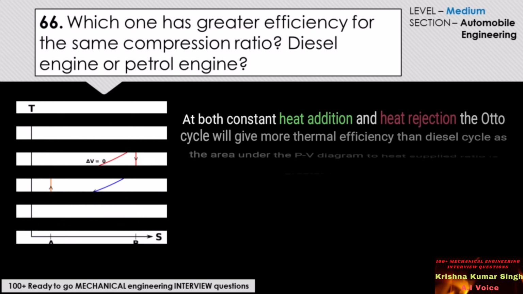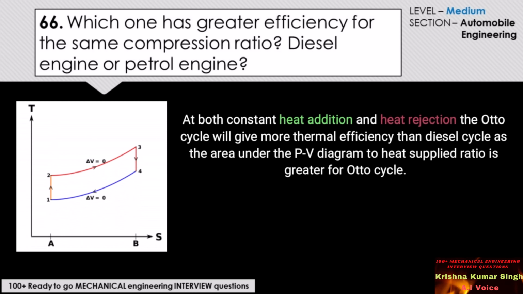As far as bookish knowledge is concerned, at both constant heat addition and heat rejection, the Otto cycle will give more thermal efficiency than diesel cycle, as the area under the PV diagram to heat supplied ratio is greater for Otto cycle.